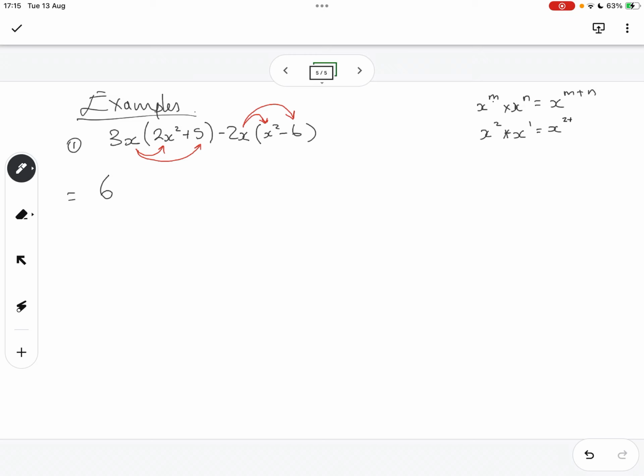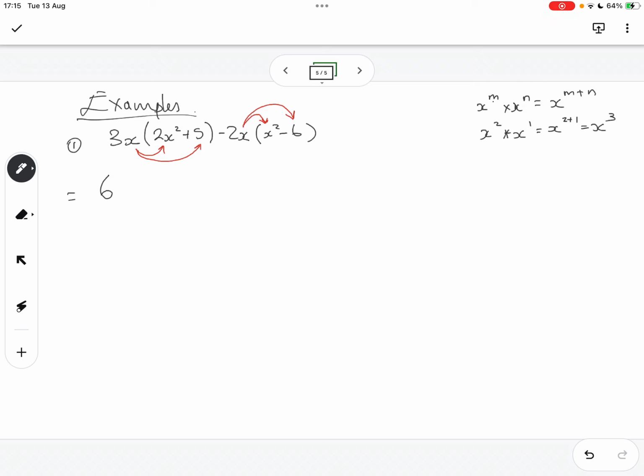It would be x to the power of 3. Yes, excellent. So we have the same thing here. We've multiplied the 2 and the 3, that gives us 6. Well done.